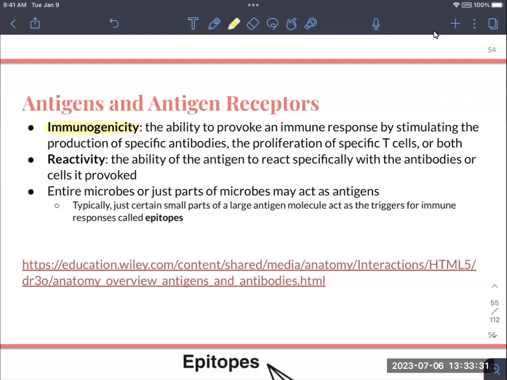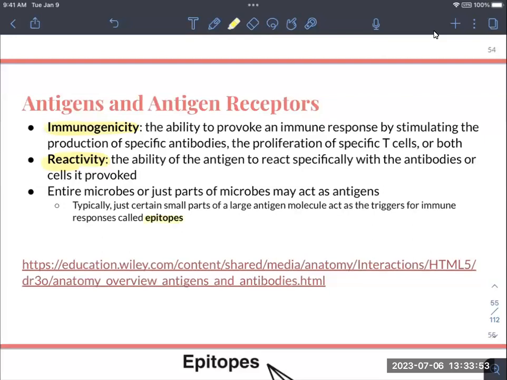That's where that immunogenicity is. We have reactivity. So the ability of the antigen to react specifically with the antibodies. So that entire microbe or just part of that microbe may act as antigens.